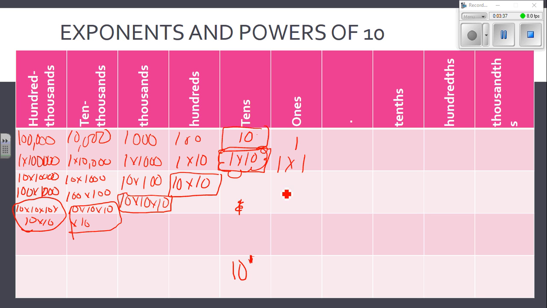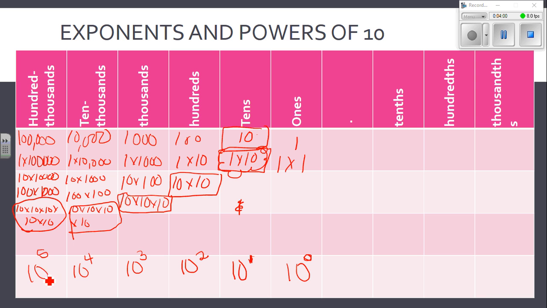But here we don't have any 10s, do we? So I didn't multiply it by any 10s. Now, how many 10s did I multiply it here by? I multiplied it by 2 10s. And what about here? 3 10s. And what about here? 4 10s. What about here? 5 10s.